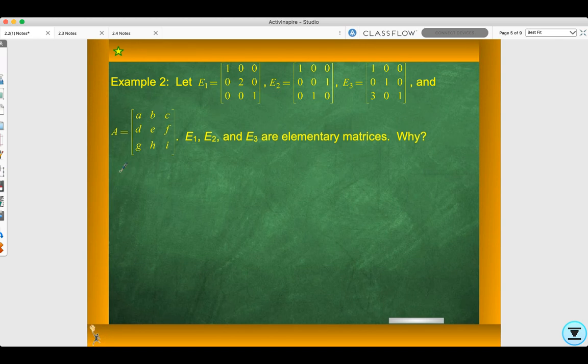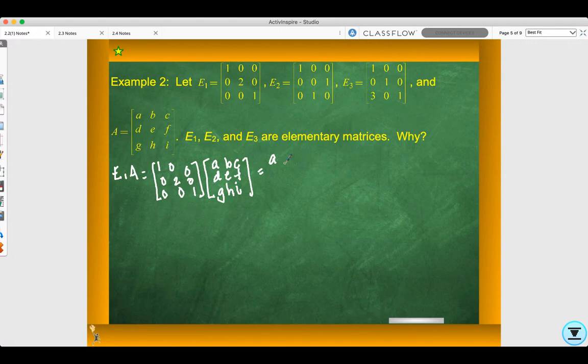So if I look at E1 times A, this would just be my one operation that I do.